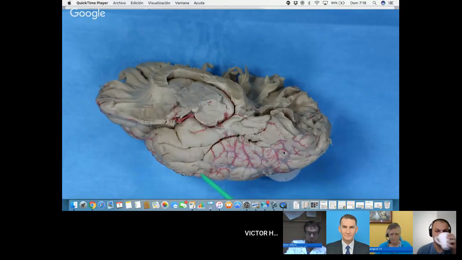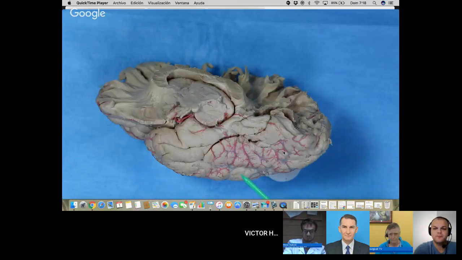Between the collateral sulcus and the more lateral sulcus, the occipitotemporal, is the occipitotemporal gyrus. That is the occipitotemporal gyrus.